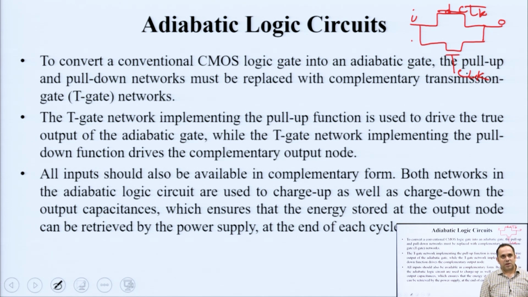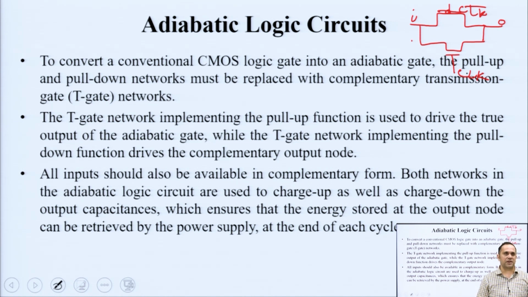First thing we did, we replaced the normal or constant voltage source with a pulsed power supply, which has a certain ramp type behavior to it. So, with respect to time, the voltage can ramp up or ramp down. Then instead of the standard pull up and pull down network, we have used complementary transmission gate networks.